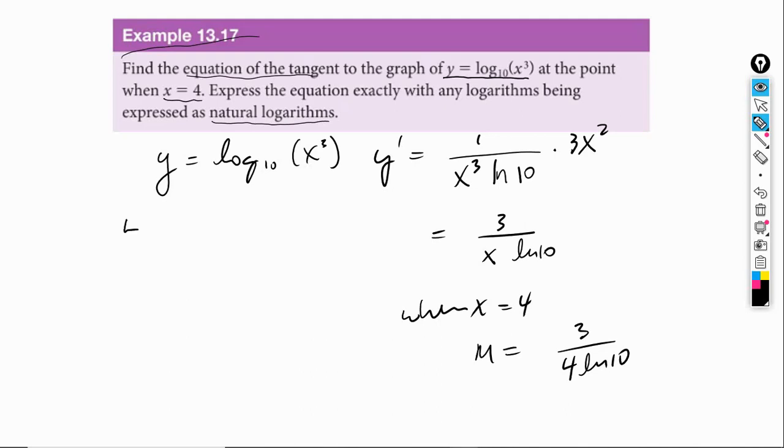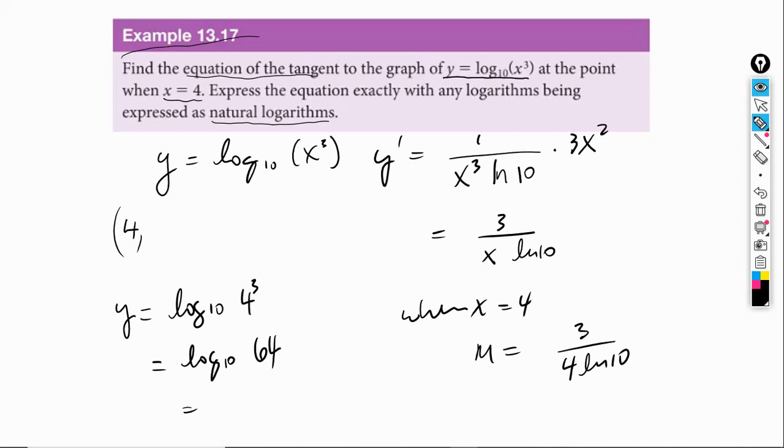So we know that x is 4, therefore we need to find the y coordinate. So when x is 4, let's plug in 4 here, we're going to get that y would equal log base 10 of 4 to the 3, which equals log base 10 of 64. But they want us to express everything as natural logarithms, so we need to do a change of base.